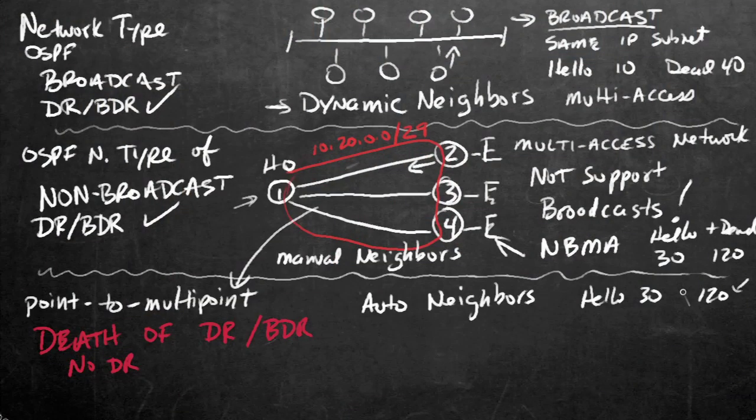That's all it means. So coming back here, I'm going to add the option right here in a bracket. Non-broadcast. And if we do non-broadcast, that means, once again, manual neighbors. So you might think, well, I'm not going to go there.